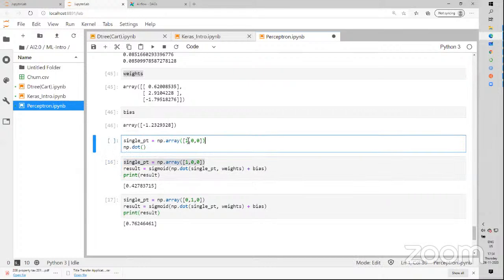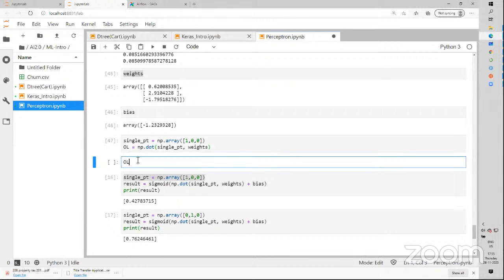This is my input values of x1, x2, x3. And I need to compute my output. Output on the left hand side is equal to np dot of single underscore pt comma weights, our final weights, not the initial weights. These are the weights that we are going to use to compute. It would give us a value, and let's print that value.